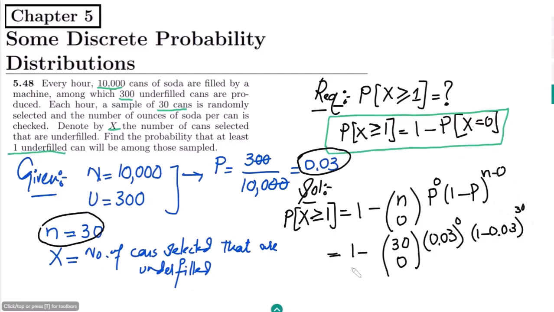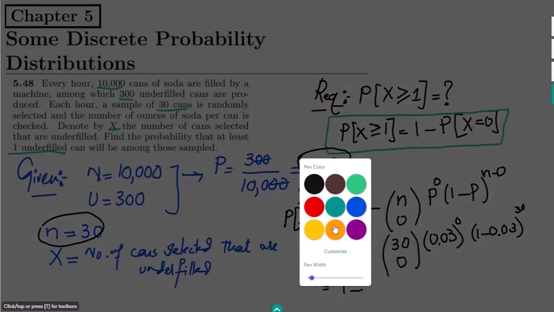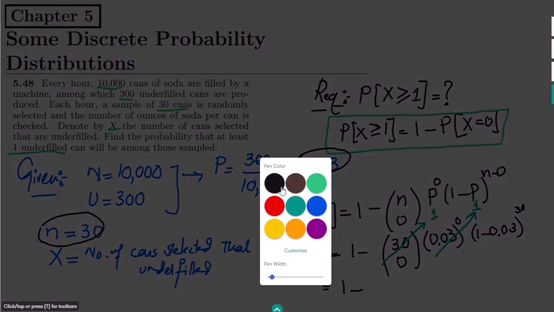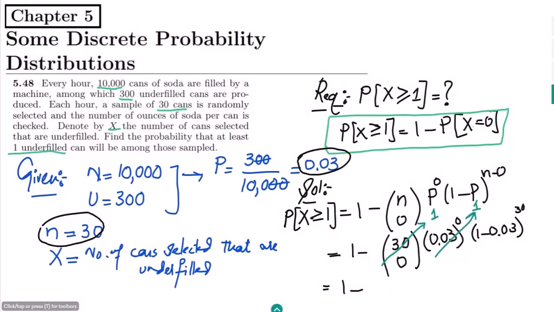Simplifying, 30 choose 0 is 1, p to the power 0 is also 1, and the remaining term is 0.97 raised to the power 30.